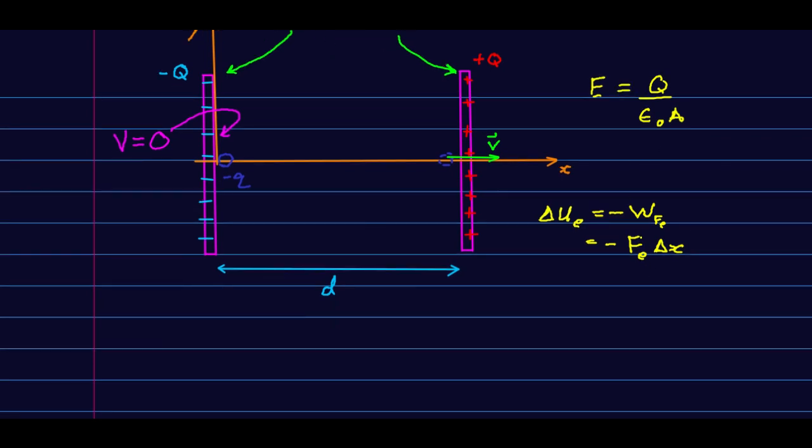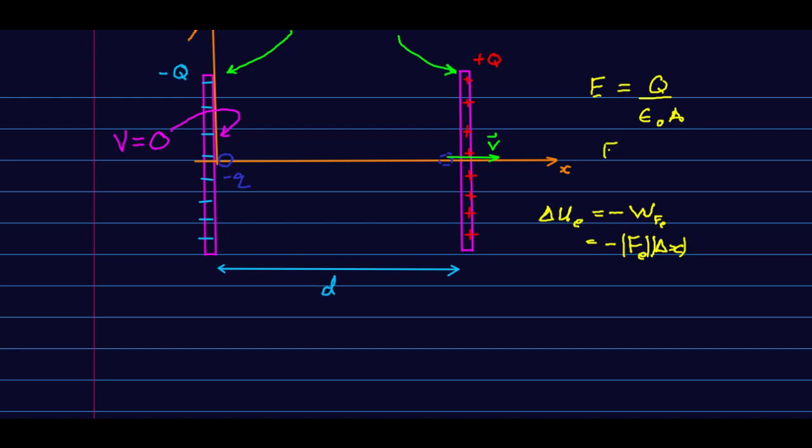Well, how do we get that electrical force? I know that this delta U_E must be negative, right? This charge must lose potential energy as it goes this way. And so here's the negative we need. I can just think about magnitudes here, not worry about signs.